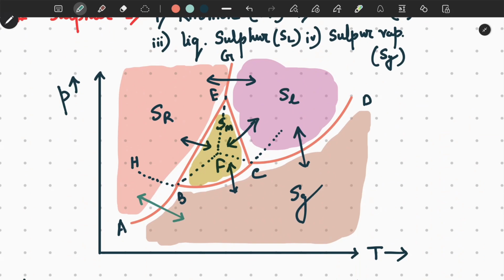That's why the DC line is extrapolated, along with the AB line and this other line. Then it can create a metastable triple point, but this is totally hypothetical. So if you are asked how many triple points are there in the phase diagram of sulfur, the answer will be four, not three. Three stable ones, and one metastable that is totally hypothetical. One line may be extrapolated, but when three lines are extrapolated, they create a hypothetical metastable point. That's possible.